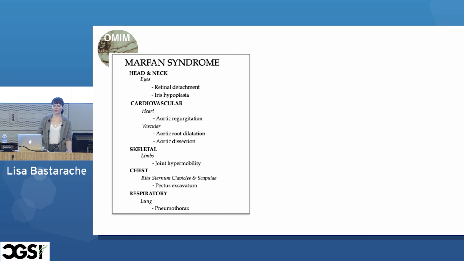And there's a catalog for this. If you guys haven't gone and looked at it, I encourage you because it's so phenomenal. Started by Victor McKusick from Johns Hopkins, it's called Online Mendelian Inheritance in Man. And this catalog has really formed the foundation of clinical genetics. It was started in the 50s, before we had the ability to look in the human genome at all.